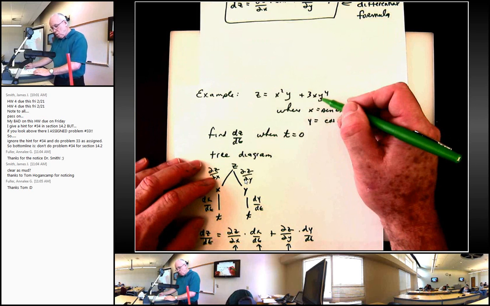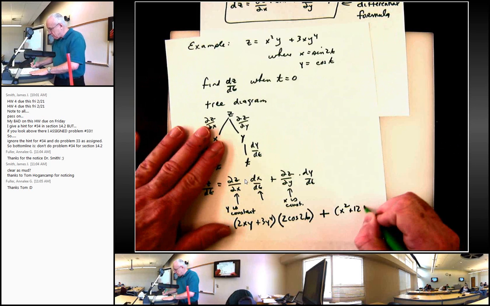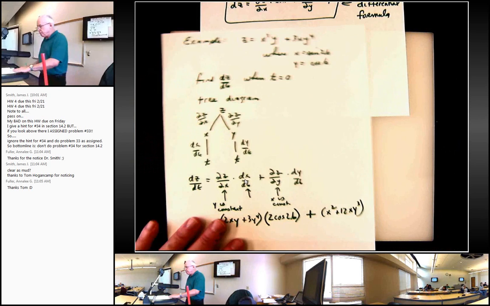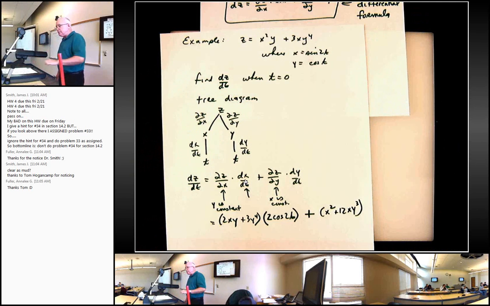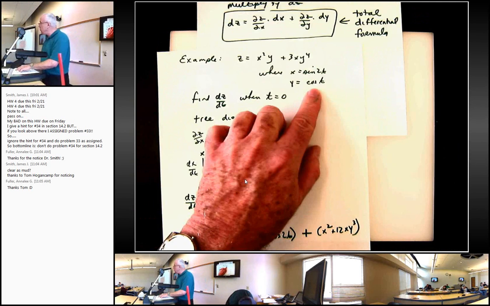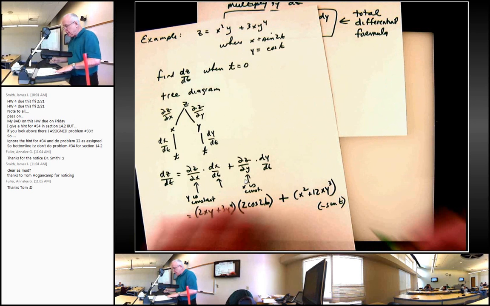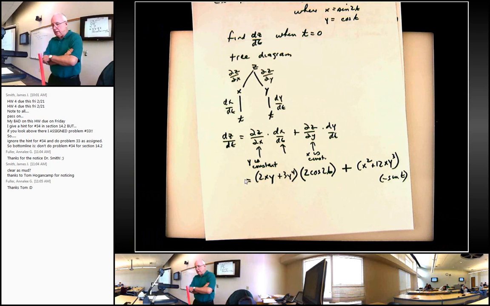Bring down the 4, that's 4 times 3, which is 12x, y to the third, close the parentheses. And then I have to do dy/dt. Well, y is the cosine, so that's going to be negative sine of t, and I don't have to do any more chain rule with that. So that's our whole formula there for dz/dt.